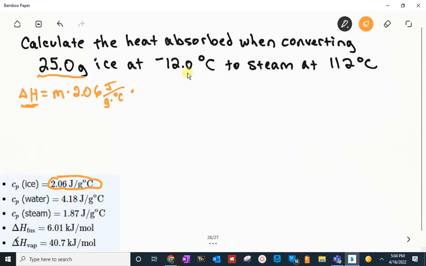And the change in temperature is going to be this negative 12 until it gets up to 0. So that's going to be a 12-degree change. And we know the mass in the specific heat formula is going to be the 25 grams.